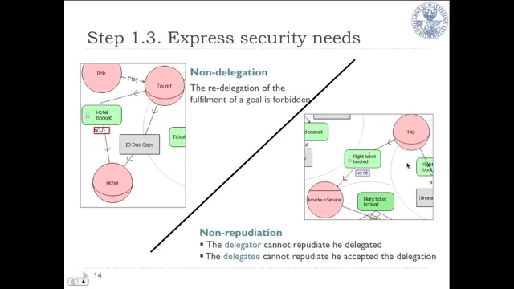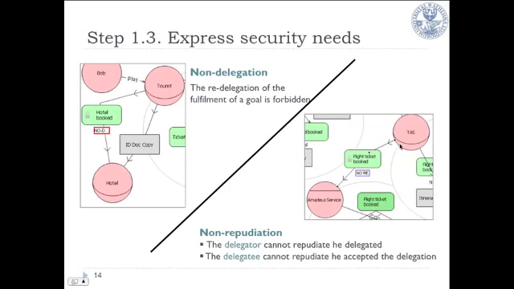On the other hand, in order to have a secure interaction between two parties, we support the security need of non-repudiation. It can be expressed by both interacting parties.